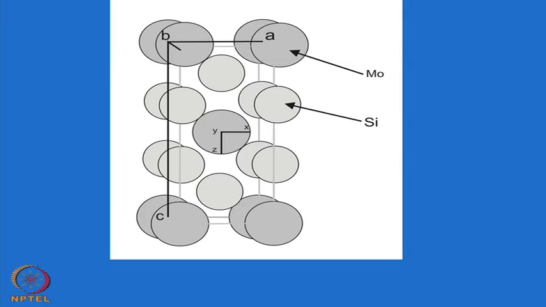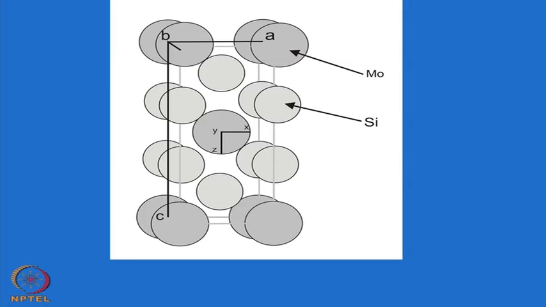Molybdenum disilicide has a fairly large conductivity, not like fully metallic conductors, but fairly conductive. So, both silicon carbide and molybdenum disilicide have similar properties so far as the conductivity is concerned, and they are extensively used as heating elements of different furnaces.